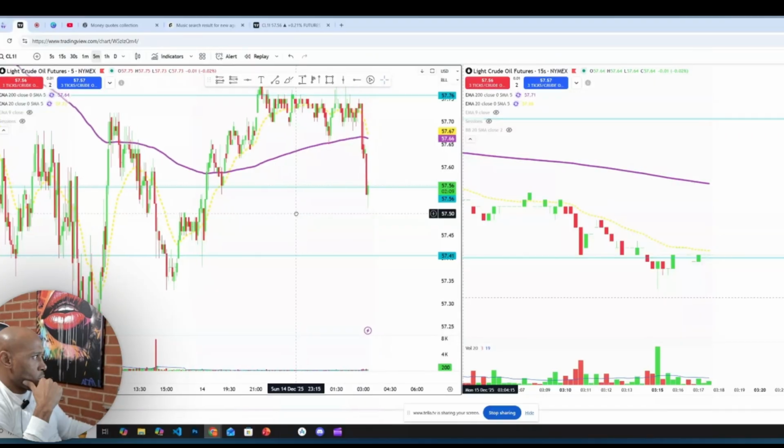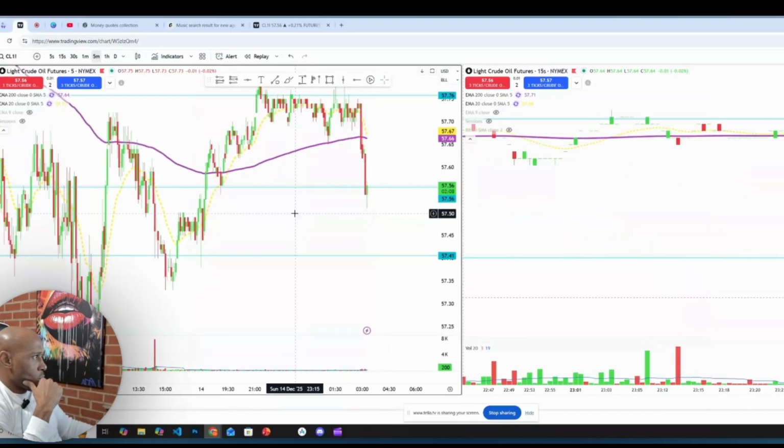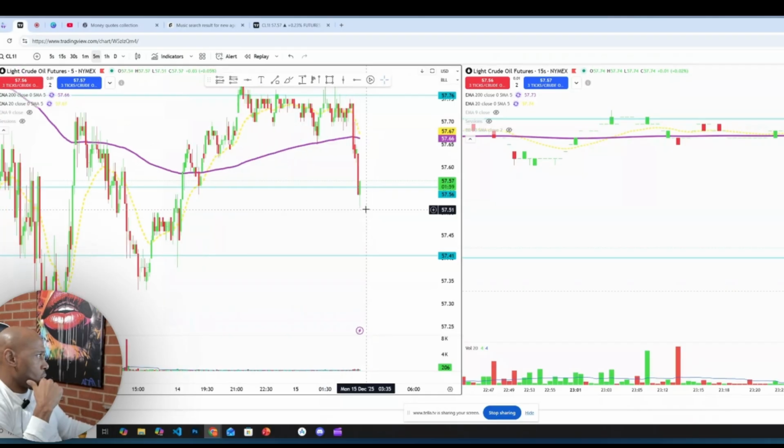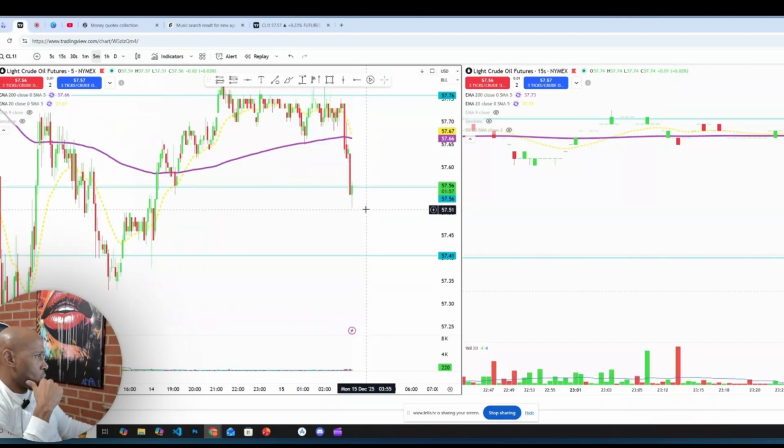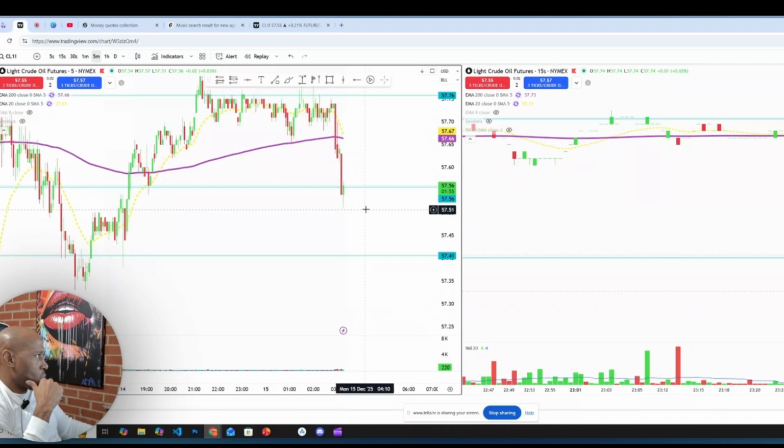And also too, a lot of times, man, your levels can be more like zones, not at a particular price, but around that price. You know, so it doesn't have to be an exact price level.